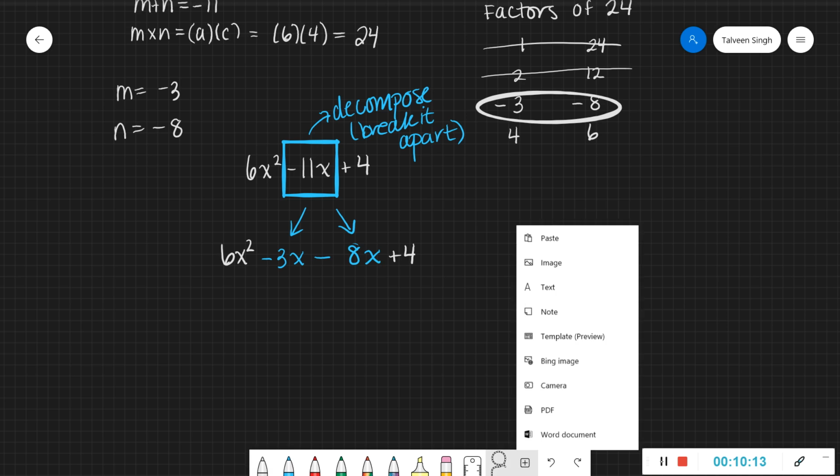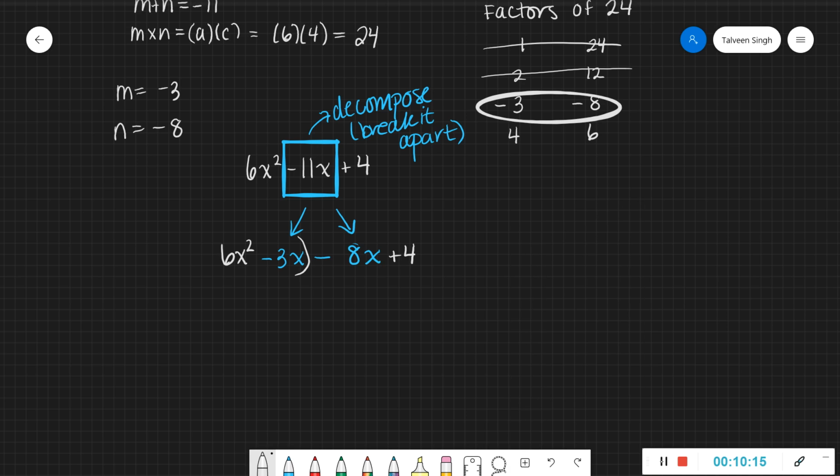I'm going to go back in. I'm going to put my brackets where they need to go around the first two terms, and around the last two terms as well, right? So what I'm going to do is factor out as much as I can from this first term, probably a 3x. So I'm going to pull out the 3x. I'm going to have 2x minus 1, right?